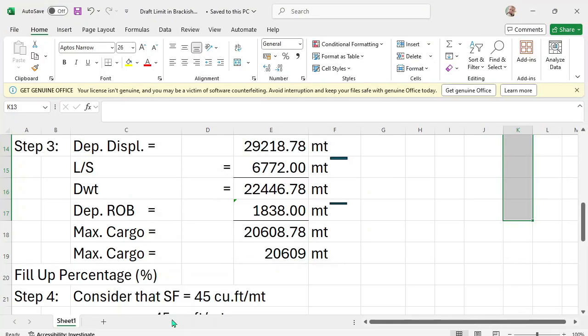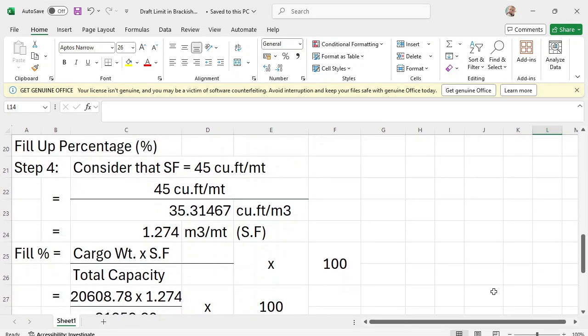And I have here an Excel form. So this is your stowage factor. You want to convert it to cubic meter per metric ton. This is the conversion. So 445 cubic feet divided by 35.3147, which is this one, guys.